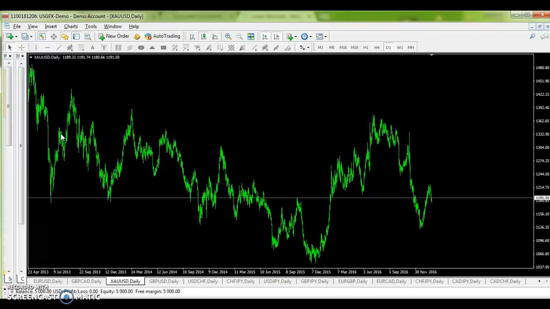So it has a pattern of lower highs and lower lows altogether, right? This is the high, this is the low, lower high, lower low, lower high, lower low, lower high, lower low. What happened on this particular point, which was the previous swing high?